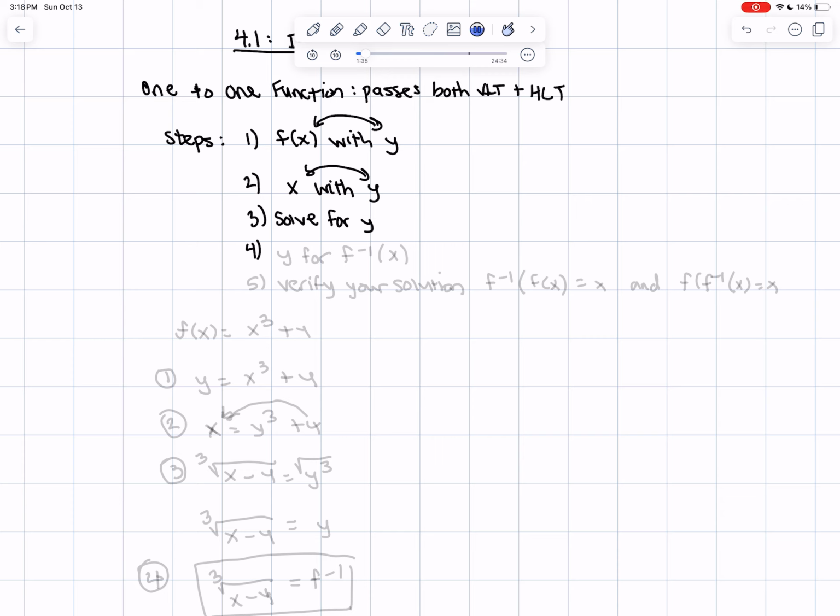And then the fourth step is to switch y for the f to the minus 1 of x. And the last thing is to verify your solution.